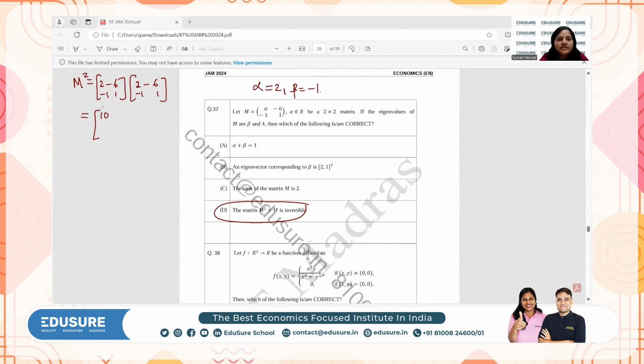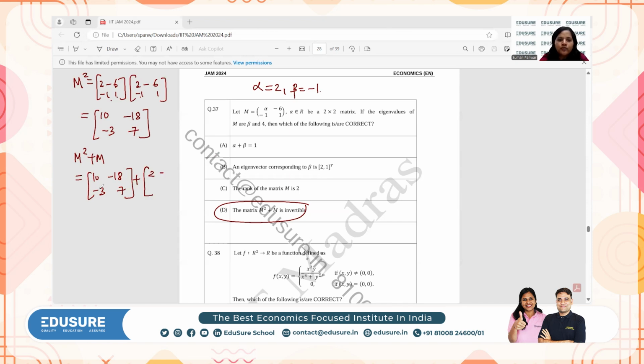Then minus 12 minus 6, so minus 18. Minus 2, minus 1, minus 3. 6 plus 1, that's going to be 7. So M square plus M would be [10, -18; -3, 7] plus M.